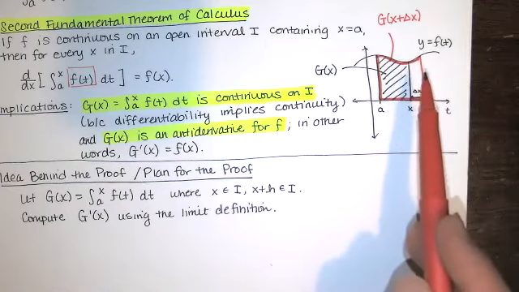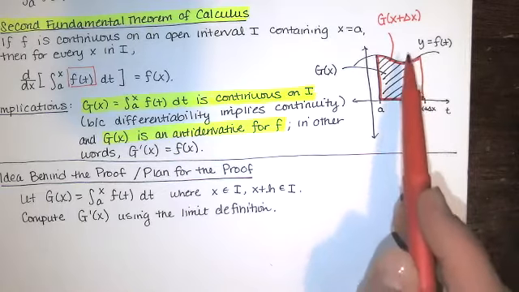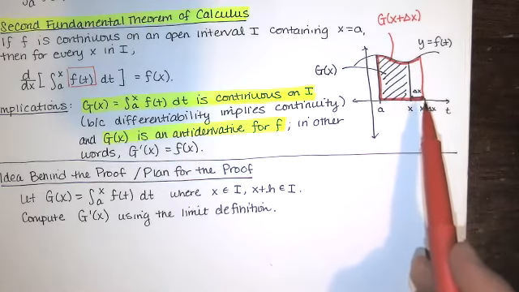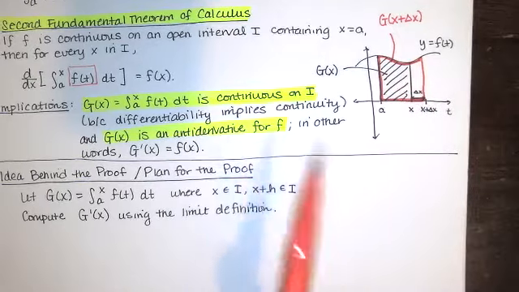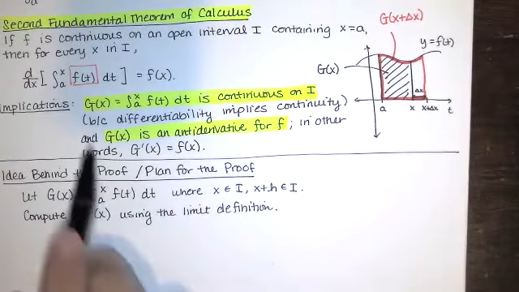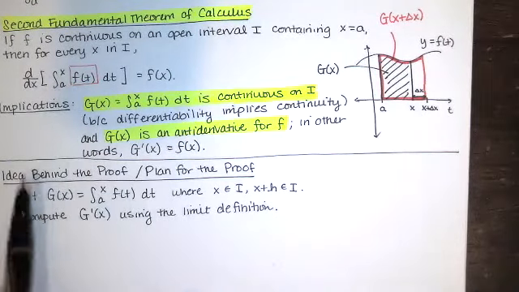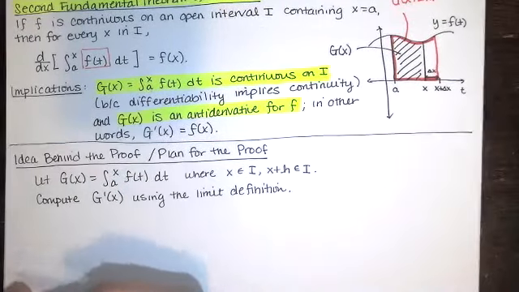Doesn't that look like the area of that little rectangle is approximately equal to the function value times delta x? Well, we'll see. That's related to what we're saying here. Okay. So we're going to compute g prime, which is the derivative of this, using the limit definition. And we want to show that g prime of x is equal to f of x.